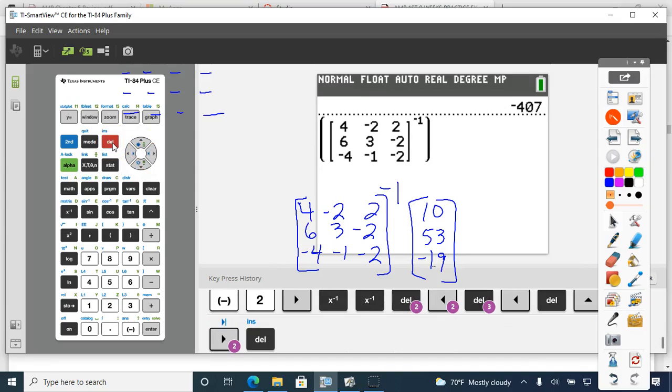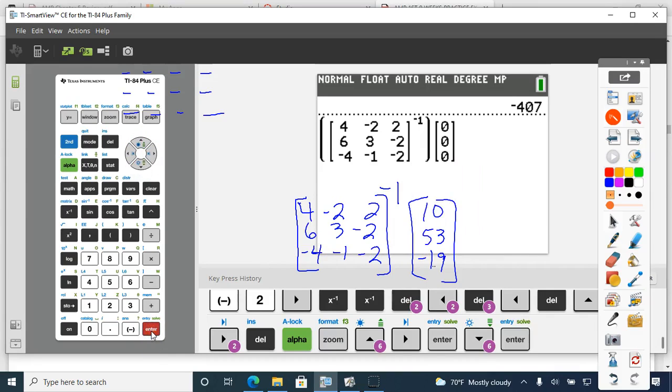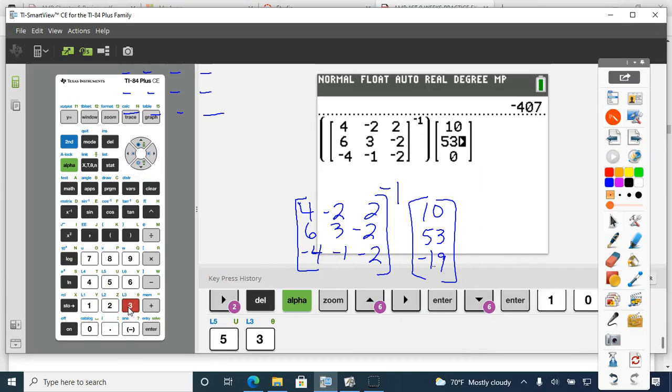And then times your other matrix, again, hit alpha zoom. Your other matrix is a 3 by 1. So I need to come up here and change the size of it to a 3 by 1 matrix. And then type in my answers, which were 10. Almost hit enter. Don't hit enter. Use the arrow. If you hit enter, it's going to go ahead and calculate it for you. And then negative 19.